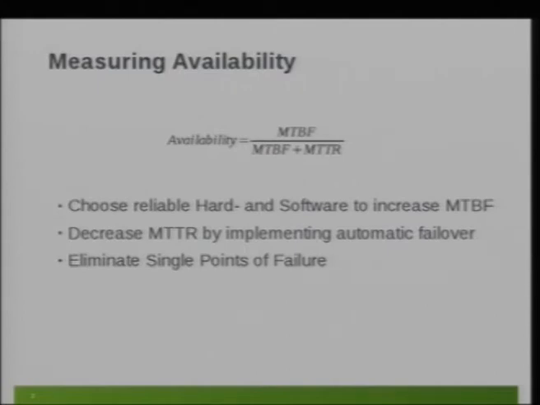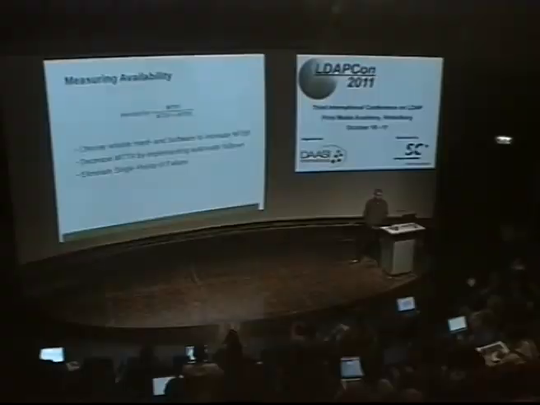increase the mean time between failures, and this is mostly done by buying reliable hardware or software so that it doesn't fail that often. Or you have to decrease the time to recover, and that is done by doing good monitoring, detecting failures very fast, and having procedures in place to recover from failures.